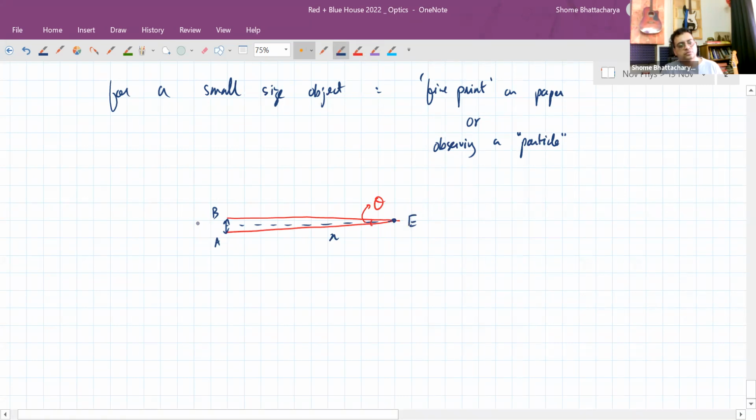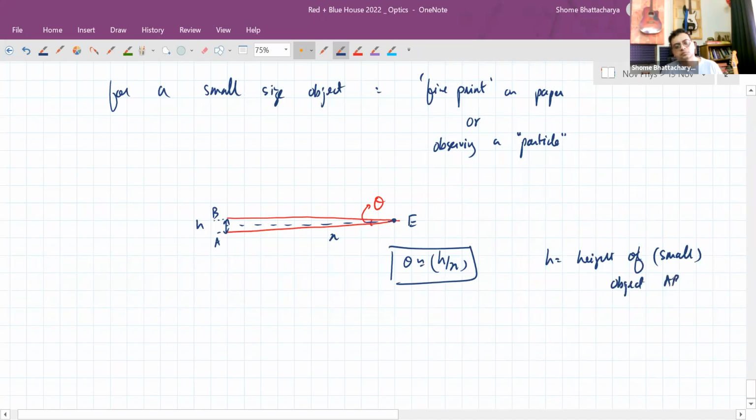Or if h is the height of this object, then theta is h by x, where h is the height of the small object. So the nearer the object is brought, the larger it appears.